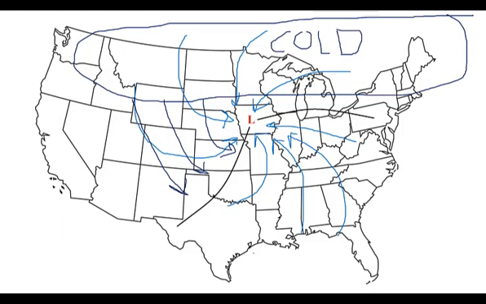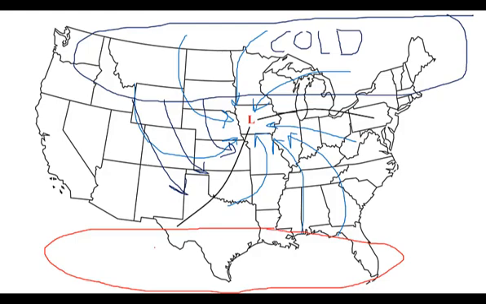Now on the other hand, down here, this region to the south, is closer to the equator, and this is going to be warm air. And in fact, this region right here has warm air being drawn up from both the Gulf of Mexico and from the desert Southwest.